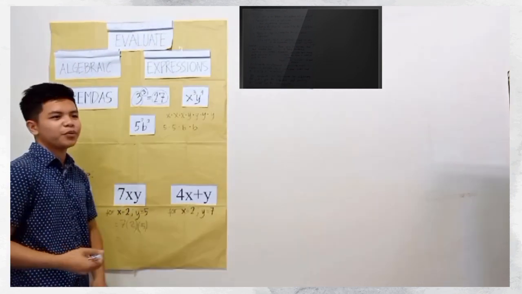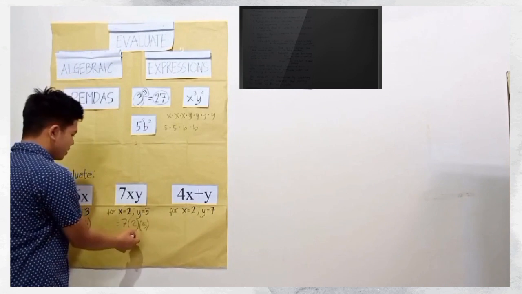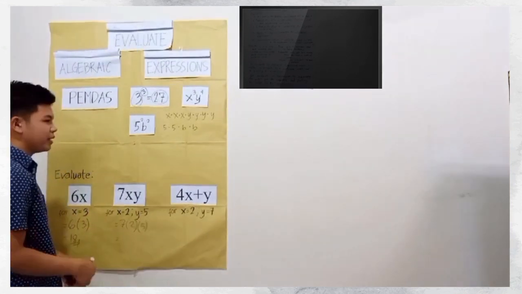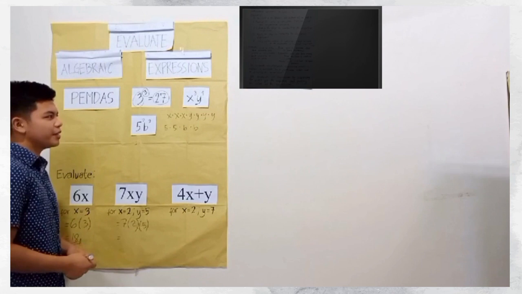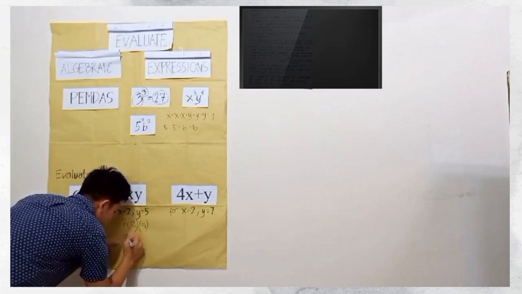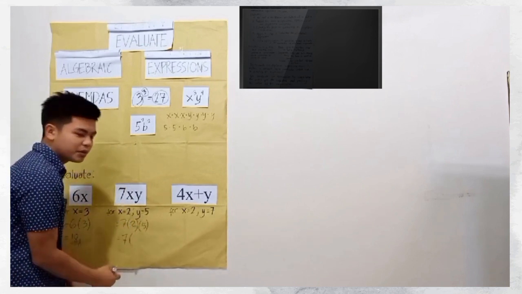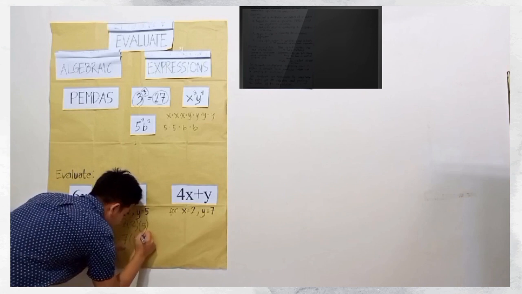What we need to do first is solve the parenthesis. So 7 times 2 times 5 is equal to 10.